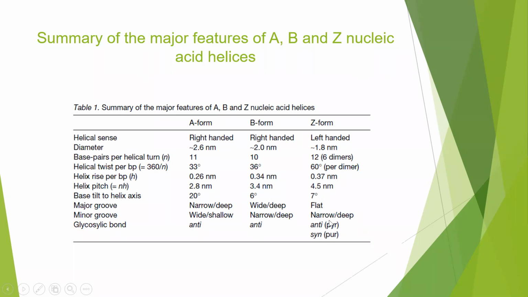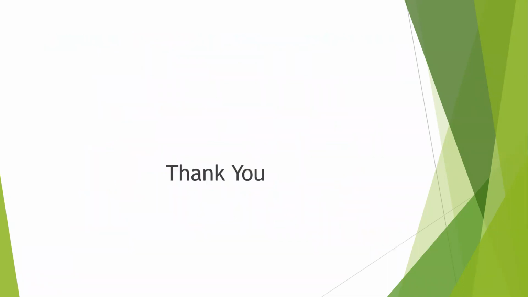Because of this difference in purine and pyrimidine nucleotide conformations, the overall appearance of Z form DNA is zigzag in nature. So this is the summary of the properties of different polymorphic forms of DNA. This is all I wanted to discuss in this class: the different polymorphic forms of DNA.